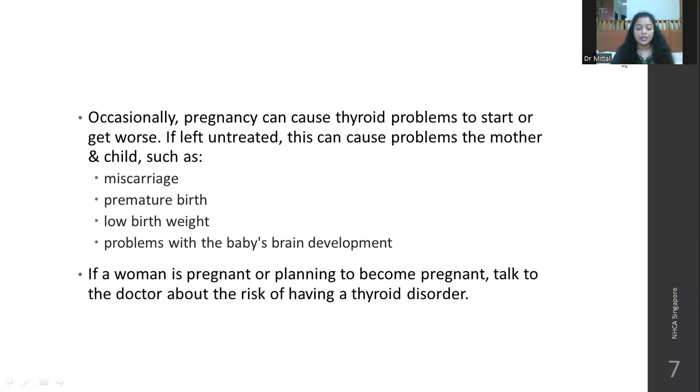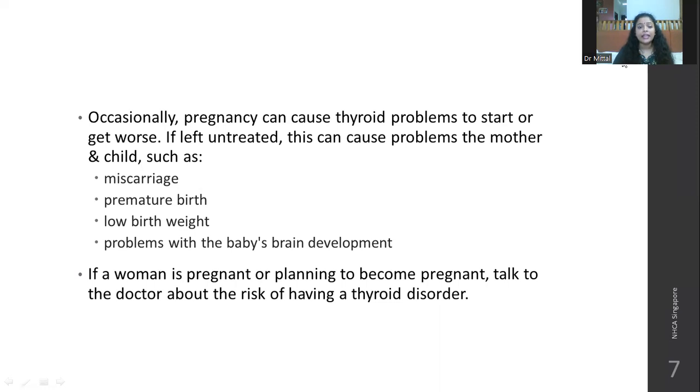Occasionally, pregnancy can also cause certain thyroid problems to start, and it can get worse by the end of the pregnancy, or even after pregnancy, because a lot of physiological changes take place in pregnancy. Earlier, during the non-pregnant stage, the woman was not suffering from any thyroid disorder, but because of pregnancy there is an onset of thyroid disorder.